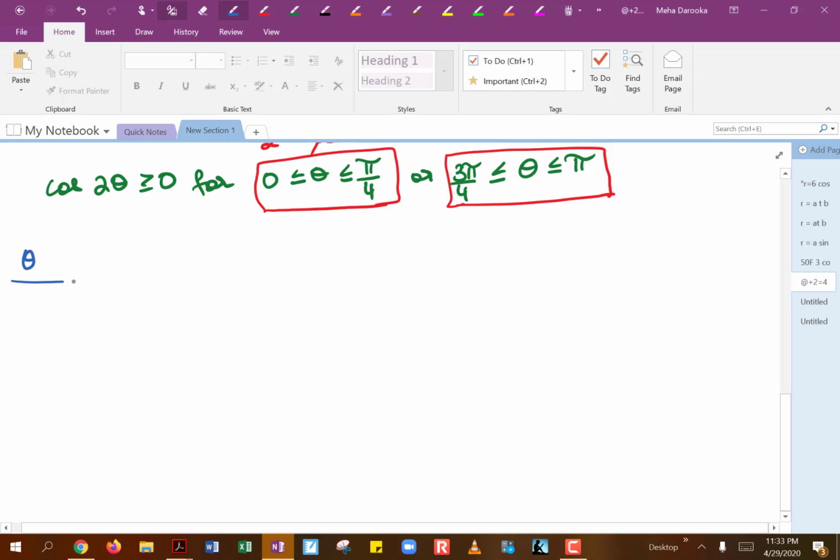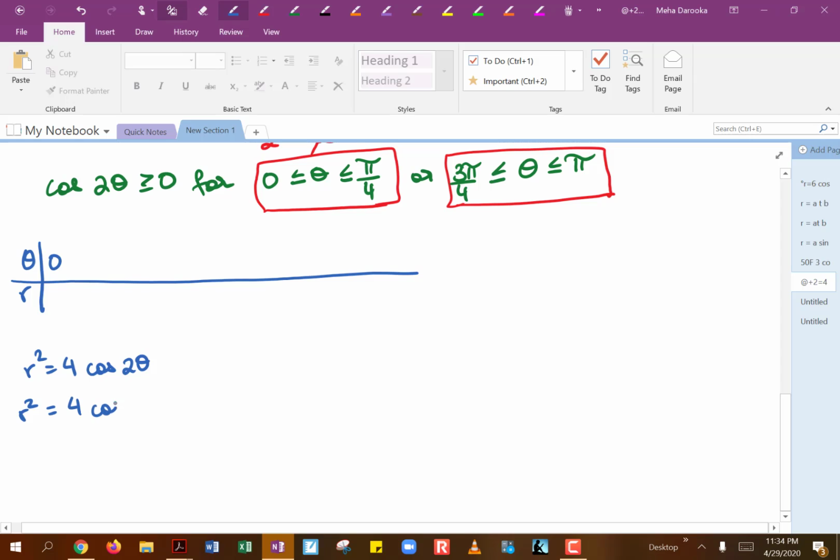So we've got theta and r, and again I will go from 0 to pi. So let's start with 0, and our function is given to us as r squared equals 4 times cosine of 2 theta.